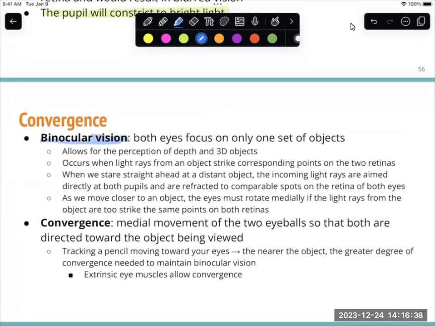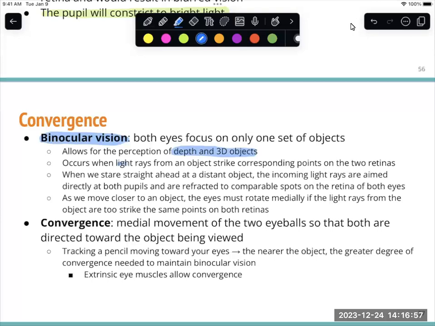Binocular vision. By both of your eyes focusing on something, this is what allows that depth perception and for you to see objects in a three-dimensional shape.